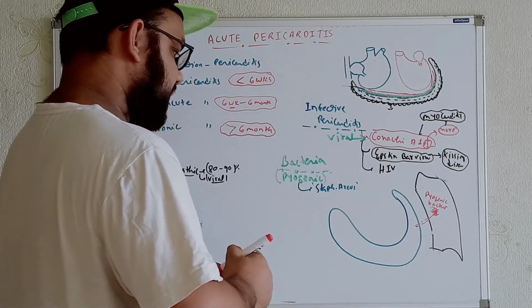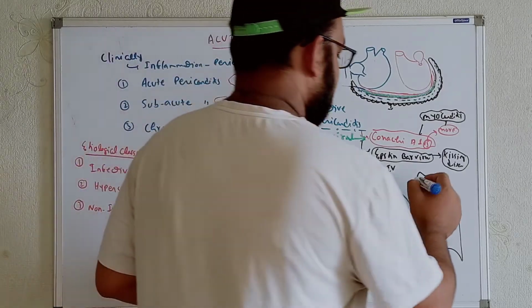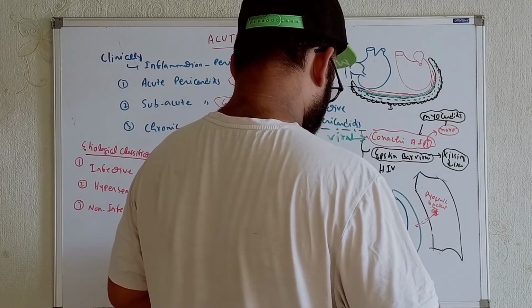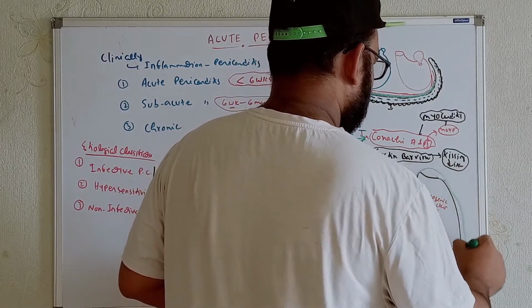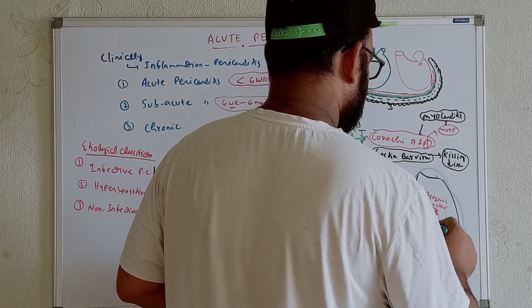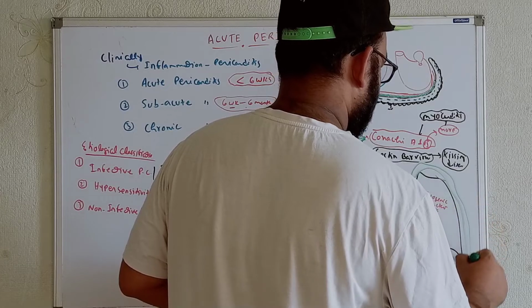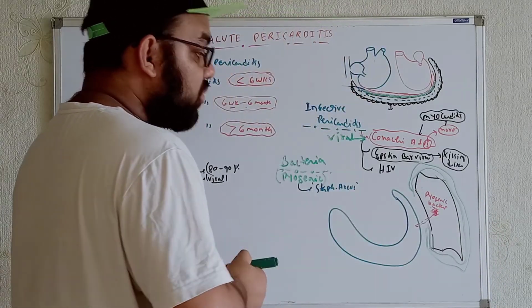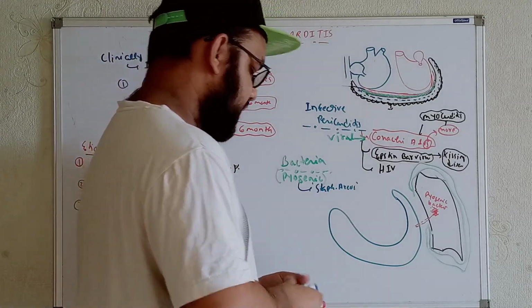Another thing, sometimes we see within the pleural cavity, the pleural space, let's use a different color. Sometimes we can get accumulations of the pyogenic bacteria in between the pleural layers, and they can cause infections here as well.